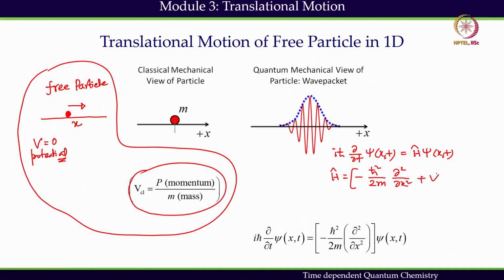The potential part is 0. That's why we have removed the potential part for the free particle.